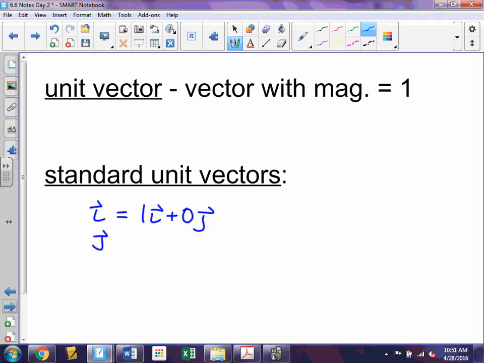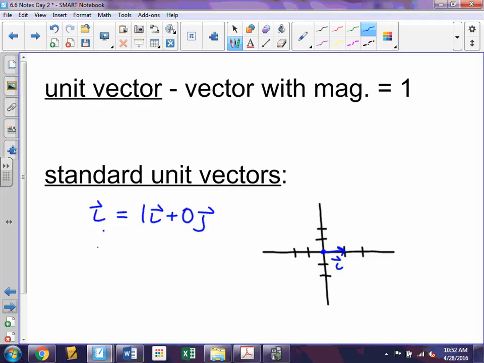That's vector I. So I made a sketch of this. Vector I, the position vector, would start at 0, 0. It would go 1 unit to the right. That would be vector I. 1 unit on the x-axis. Yeah, it's an I without the dot. Vector I.